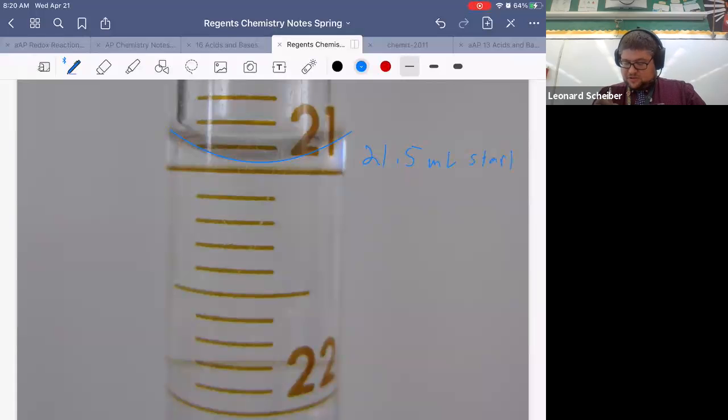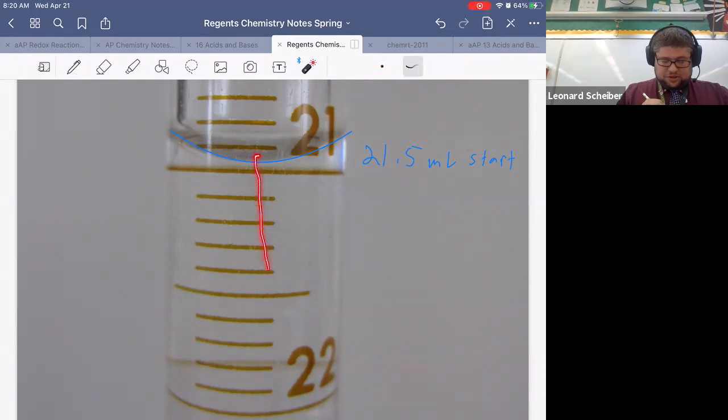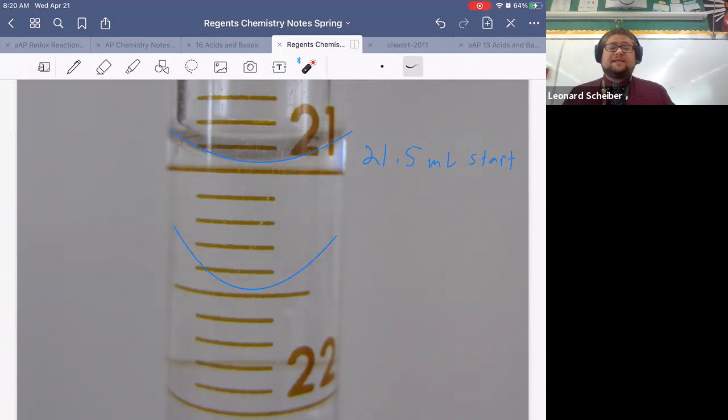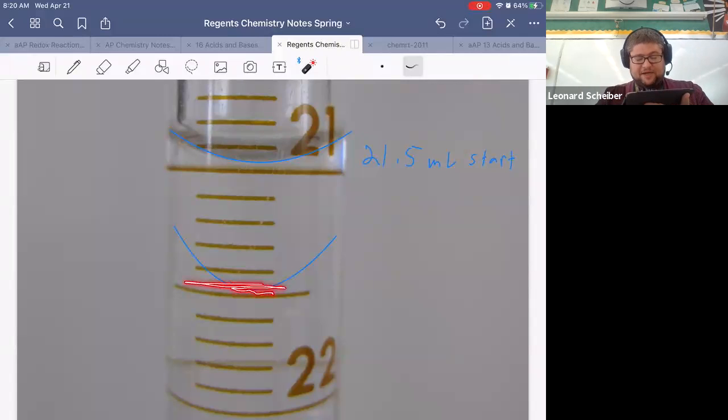What happens is you open up the burette, the liquid starts decreasing to a lower level, right? Let's say it decreases down here. Now you might notice that I keep on drawing a curve, right? The reason we draw a curve is because when water's in a container, it curves like that. The surface literally curves, right? That's called the meniscus. So we always read from the bottom of the meniscus.